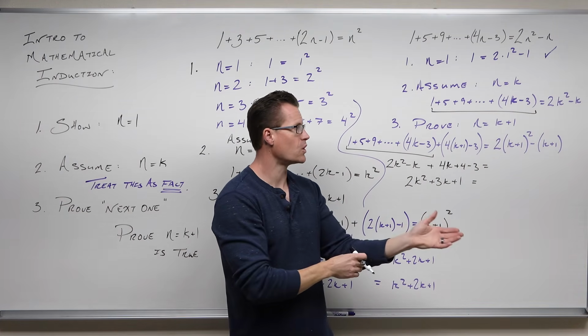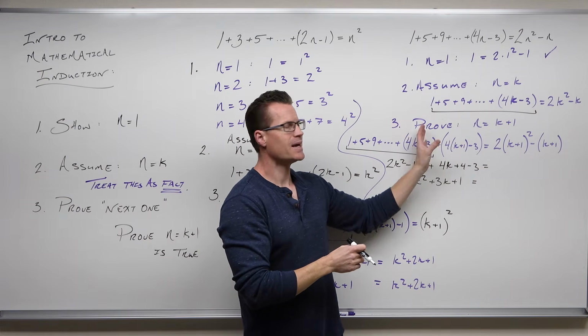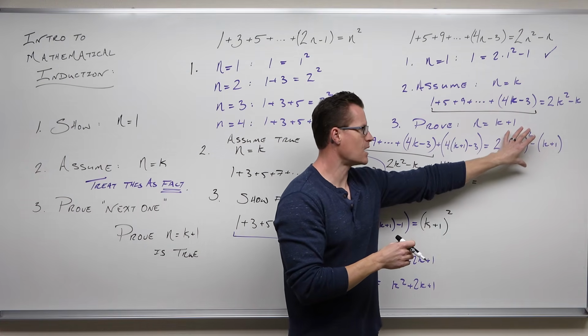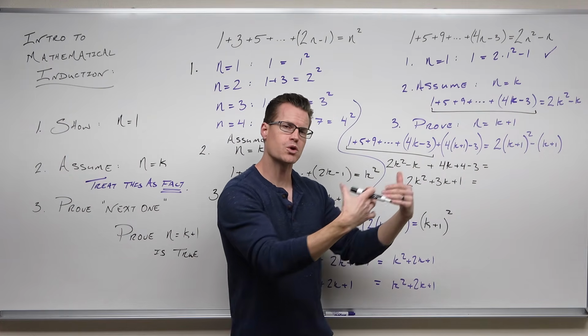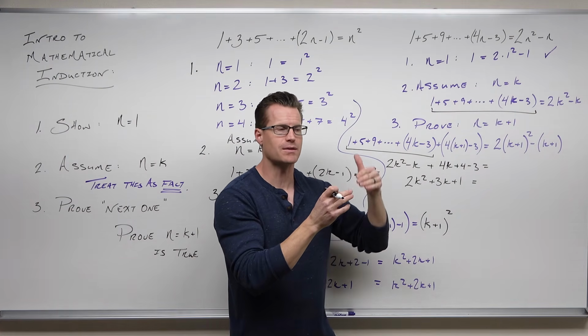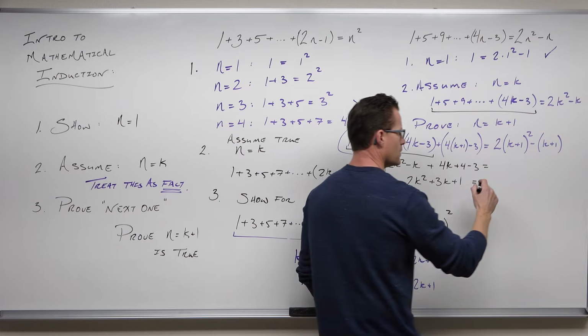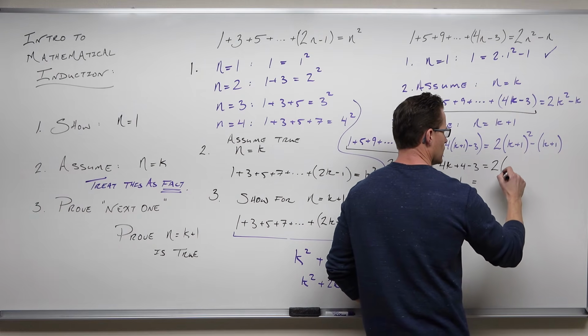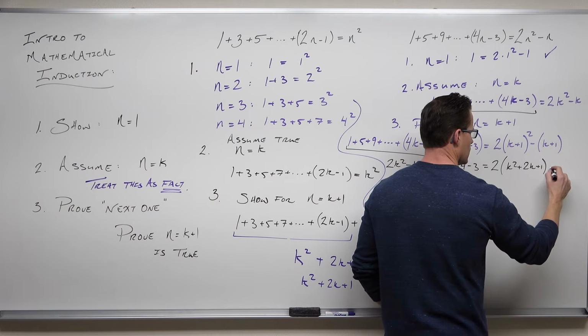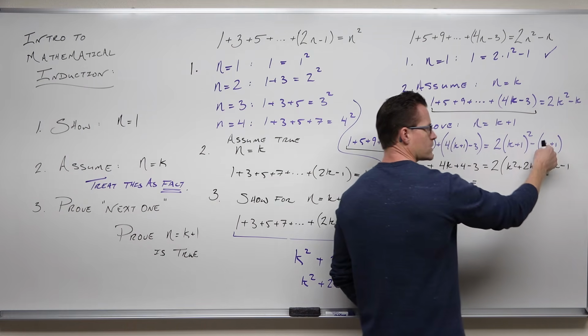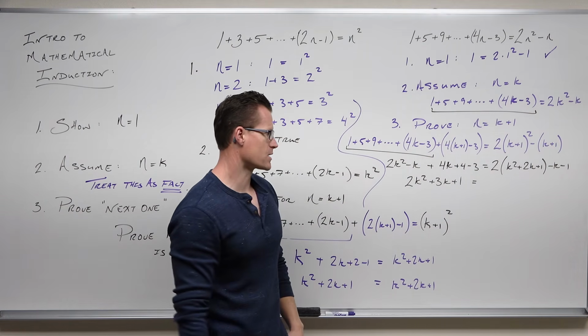What that's doing is showing that the next term is still validated by the sum that you thought it would be, by the sum of that next term. So you're showing that they're equal, satisfying the idea that the next term is true. Watch your signs there. That's minus k minus 1.